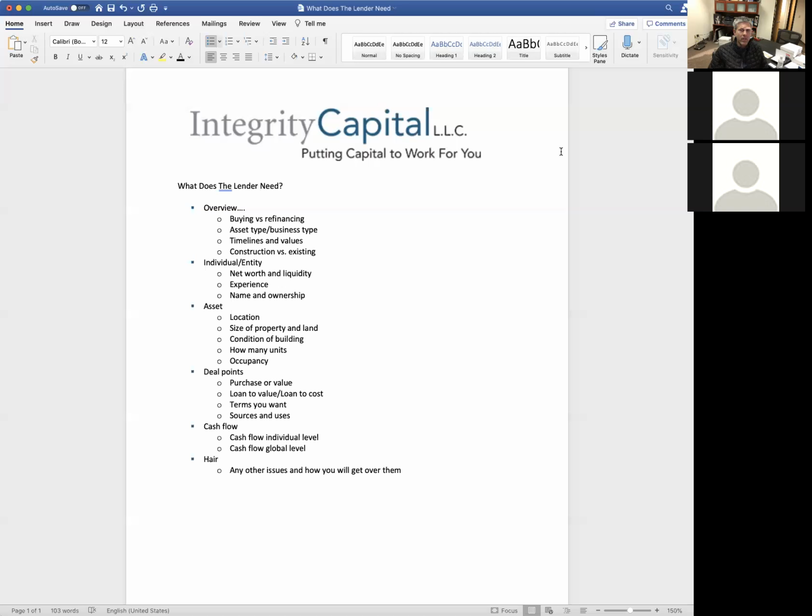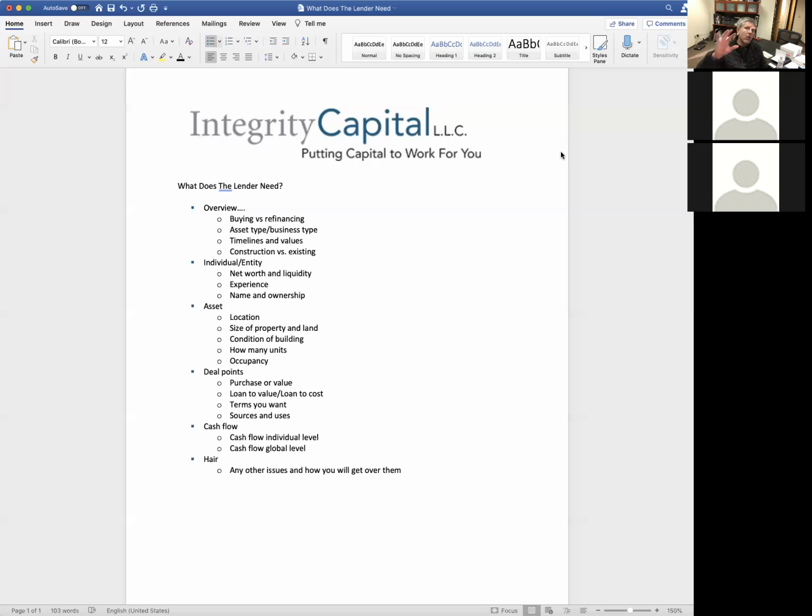The other things in that overview they're going to want to see are timelines: when do they need to close? Then values: what's the purchase price, or how much do you think it's worth for this transaction? And the final thing is construction versus existing. Is this a building that's already in place, or something we need to build?